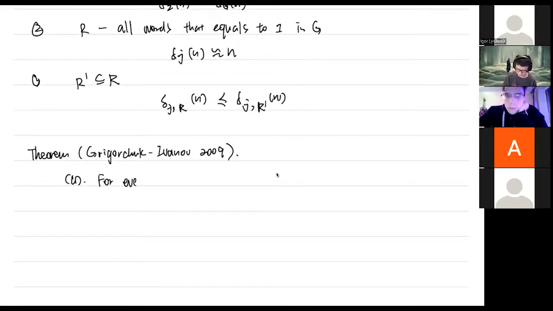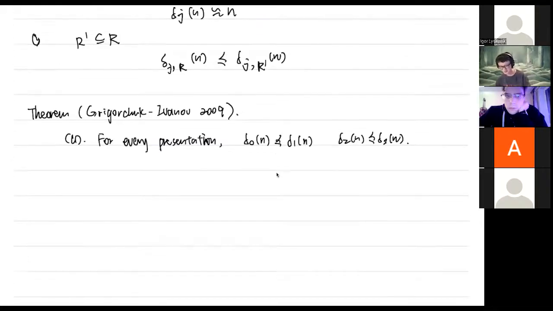For every presentation, the Dehn zero function is always bounded above by the Dehn one function. And of course, the Dehn two function is also bounded above by the Dehn one function.